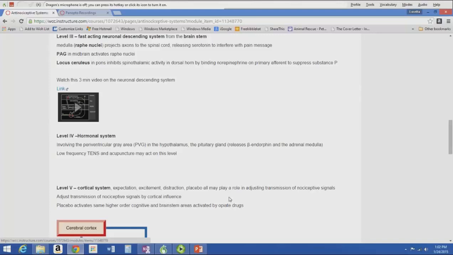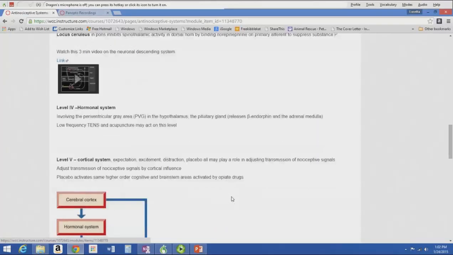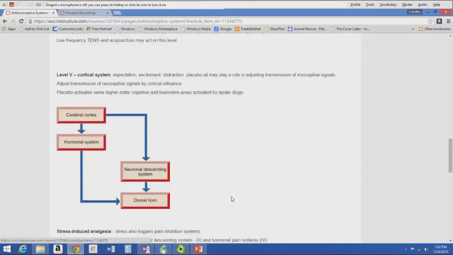The beta endorphins bind to those endorphin receptors, those opiate receptors, and that's how it controls the pain. Again, that's not really proven, but that's the theory at this point about the TENS and the acupuncture, low-frequency TENS.